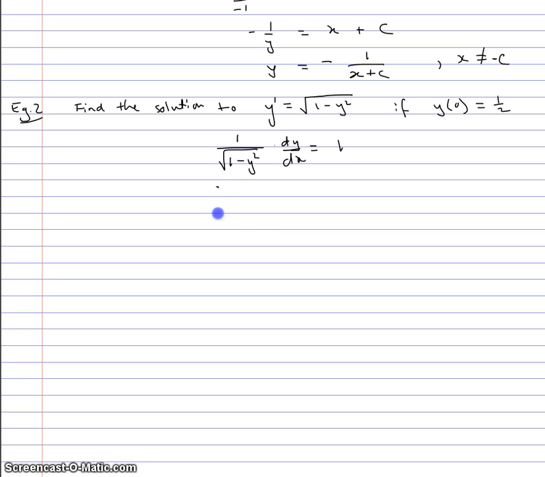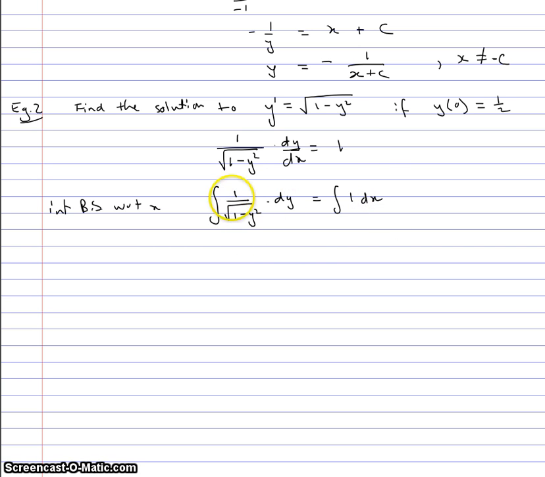Integrating both sides with respect to x, we end up with the integral of 1 over square root of 1 minus y squared dy, because our dx's will cancel. And on the right hand side we have the integral of 1 dx.